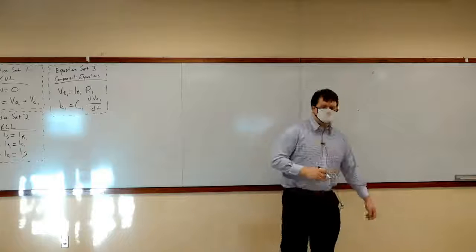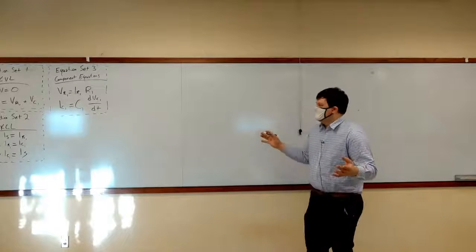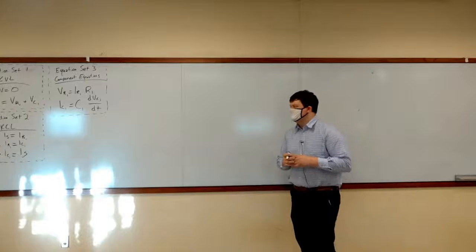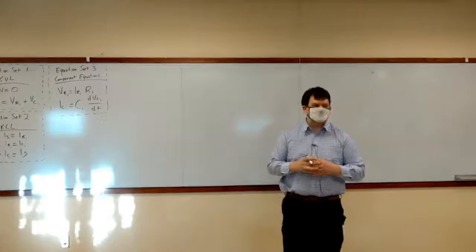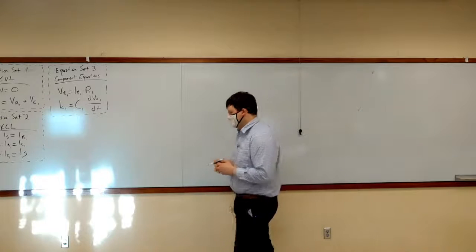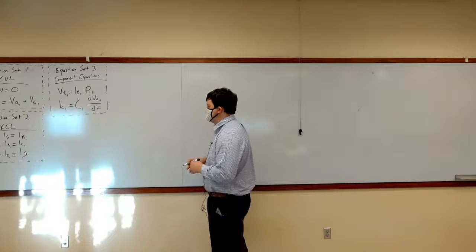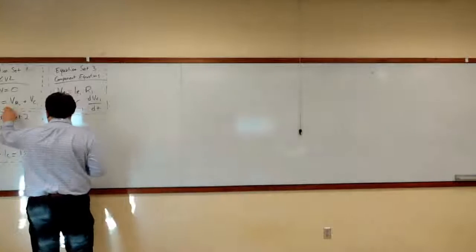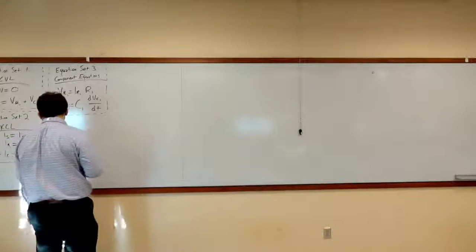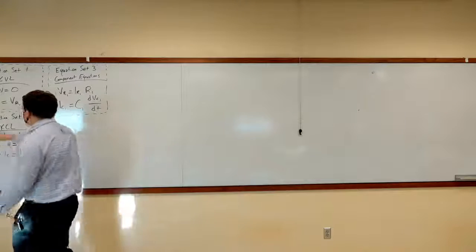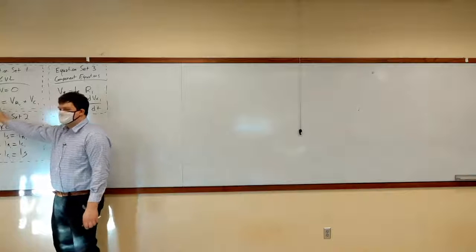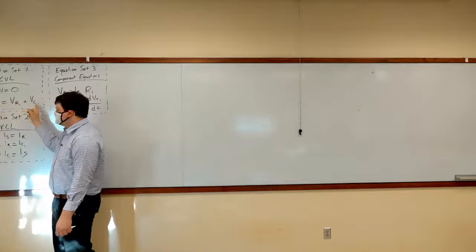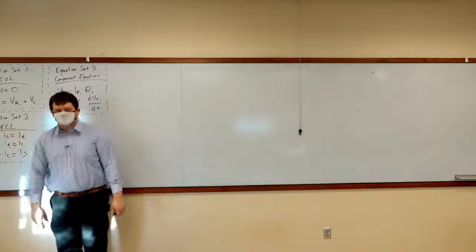So to start that process, usually what we do is we take equation set 1, 2, and 3 and we just start mixing them together. We have enough equations, we might as well play with them. So I'm going to start with this one. The reason why I'm starting with this one is because this contains Vs, which we know, and VC1, which we want to know.